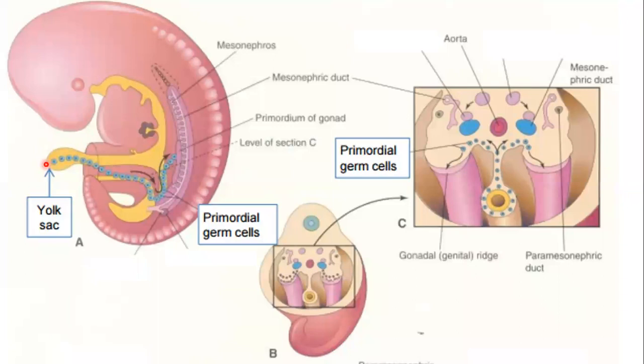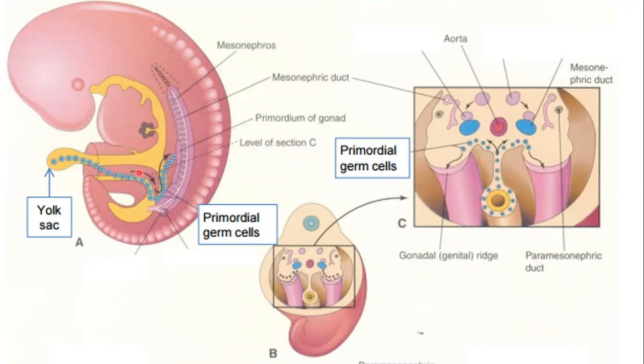During the fourth week of intrauterine life, from the yolk sac, these cells will move towards the area where the gonads will be developing in the future, right? These two areas are known as the gonadal ridge, and they will eventually lead to the formation of the gonads, right?